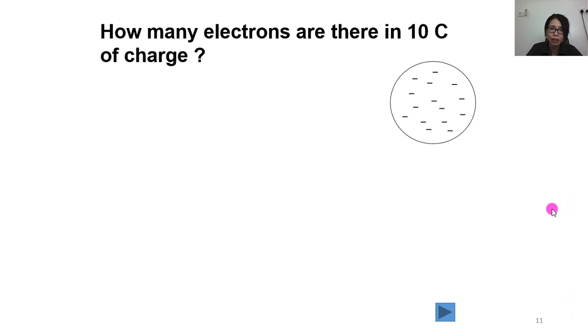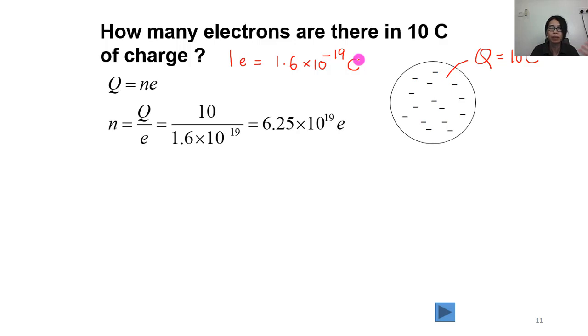So class, this is what I mean. Let's say we would like to know how many electrons are there in 10 coulombs of charge. If I tell you an object contains Q of 10 coulombs, maybe we want to know how many electrons contribute to this 10 coulombs. We understand that one electron carries a charge of 1.6 times 10 to the power of negative 19 coulombs. So we use the formula Q equal to NE, so N equals Q over E. The total charge in this object is 10 coulombs and one electron carries 1.6 times 10 to the negative 19 coulombs.